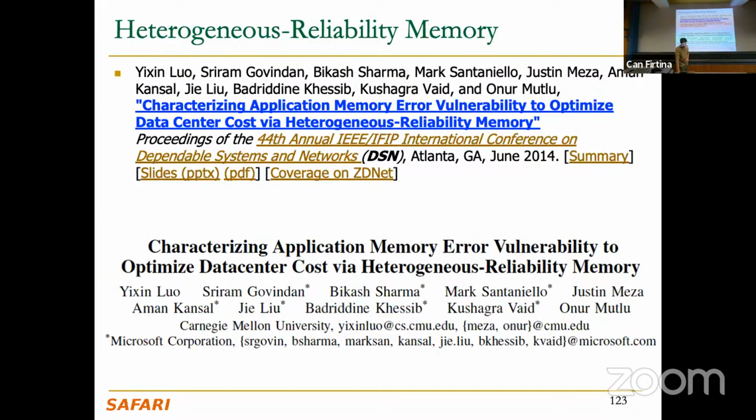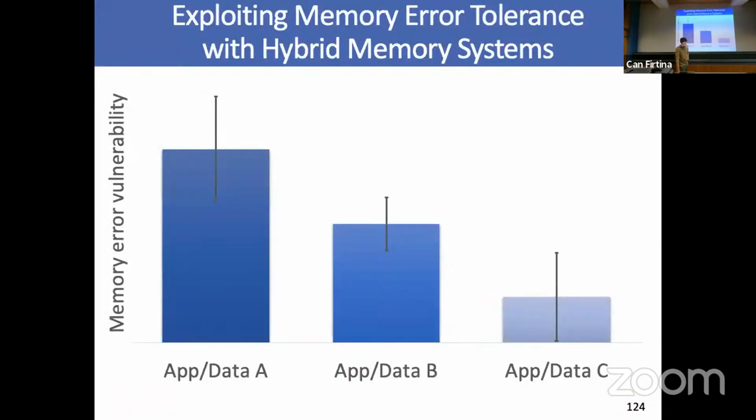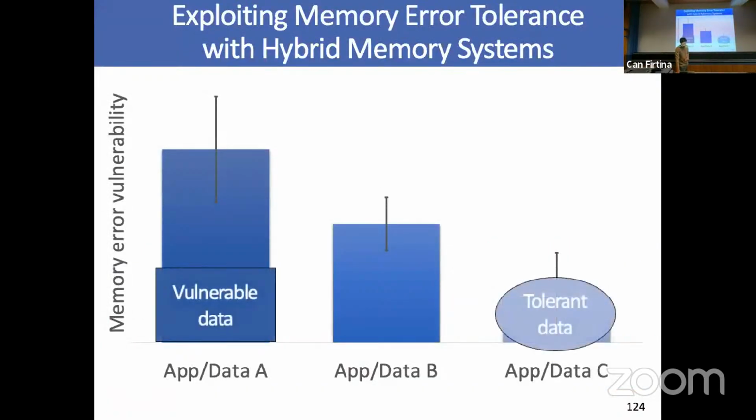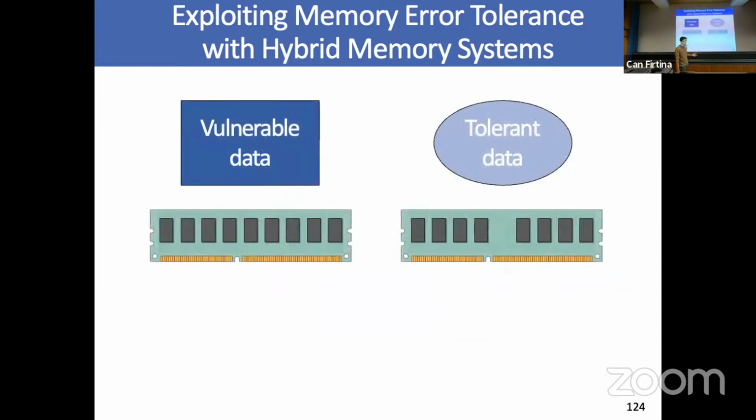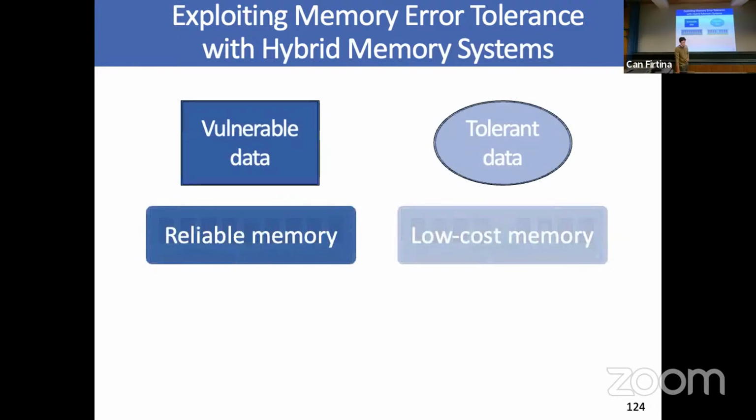Another example, this one is related to heterogeneous memories and reliability. I think that here the idea is you have different types of data in your application or in different applications. Part of the data will be more vulnerable, part of the data will be more tolerant to errors, to bit flips, for example. Depending on the specific needs of your data, you're going to use more or less reliable memories, right?